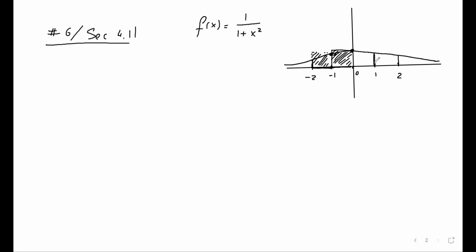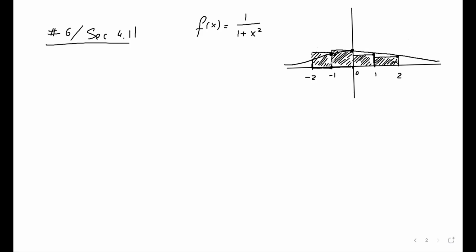Then I go next, one more unit over here, and I build this rectangle with the right endpoint. As you can see, some of these rectangles have parts outside the graph and parts inside the graph. So these are the rectangles that we're looking at.